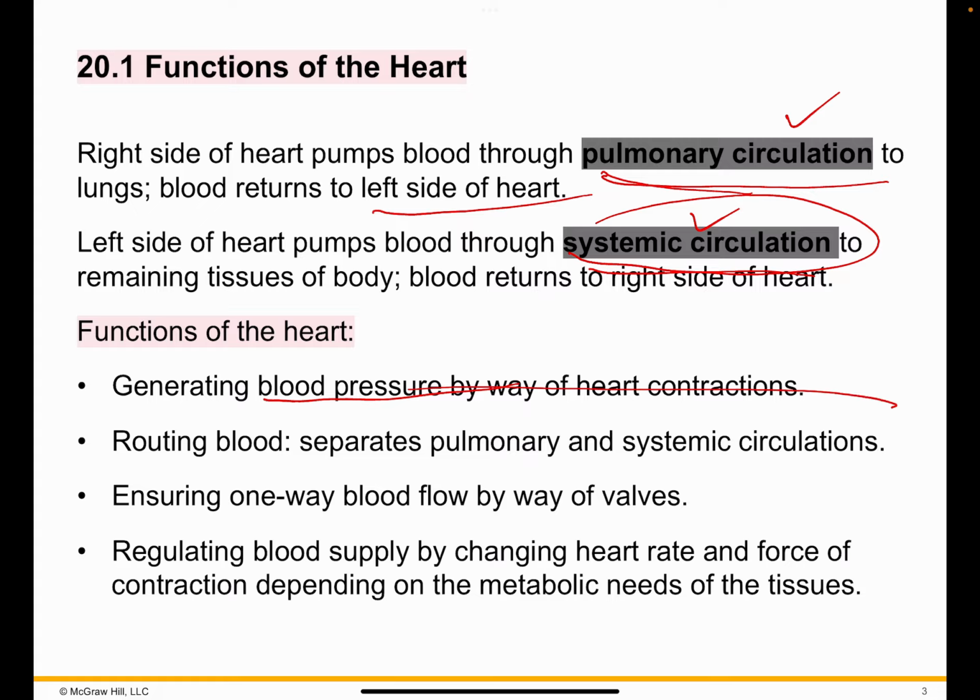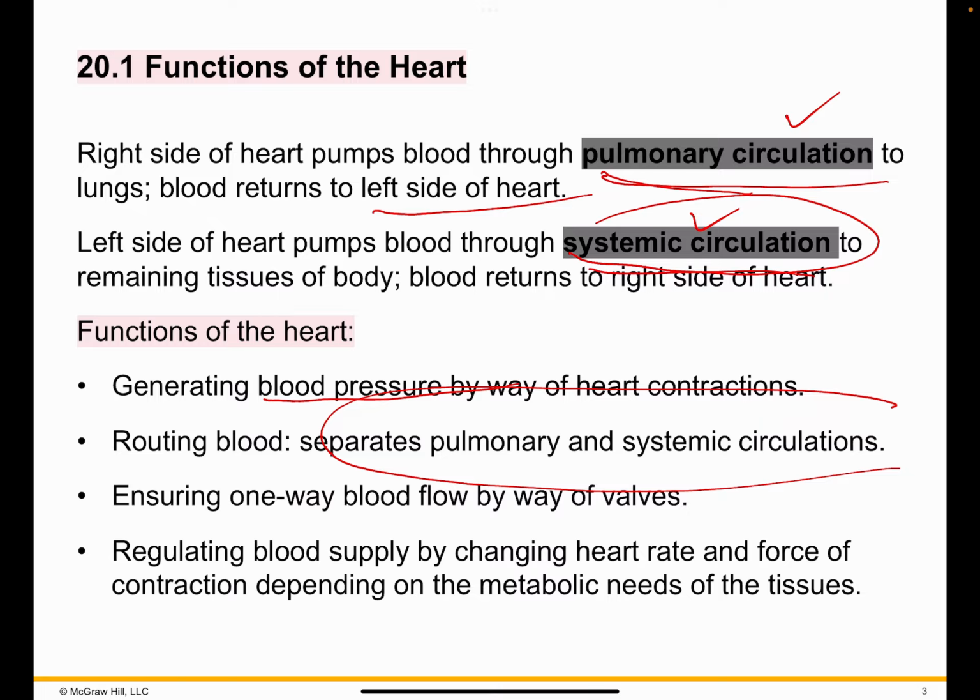So we talked about this one. Also, it transports hormones, immune cells, white blood cells, nutrients, and metabolic waste products. So transportation is another factor when you study the cardiovascular system.